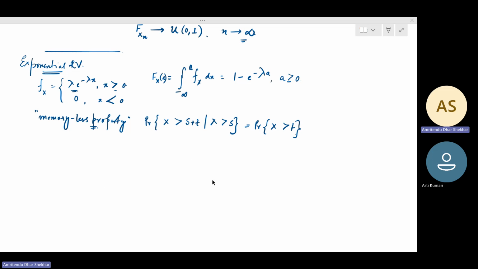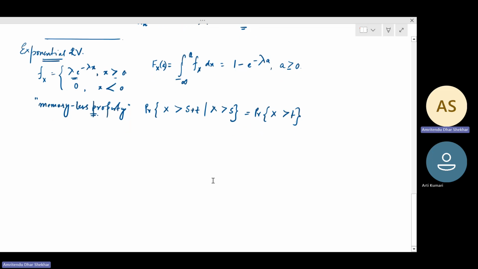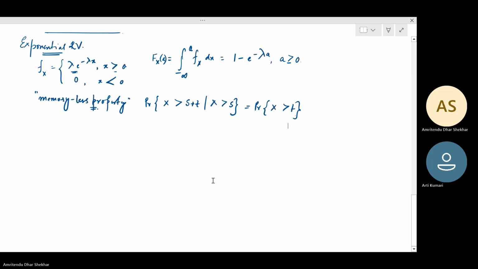Okay, so let me introduce a slightly different concept, which is an interesting thing, and which motivates what this lambda represents in an exponential random variable. As I said, an exponential random variable often captures when a particular event will happen.